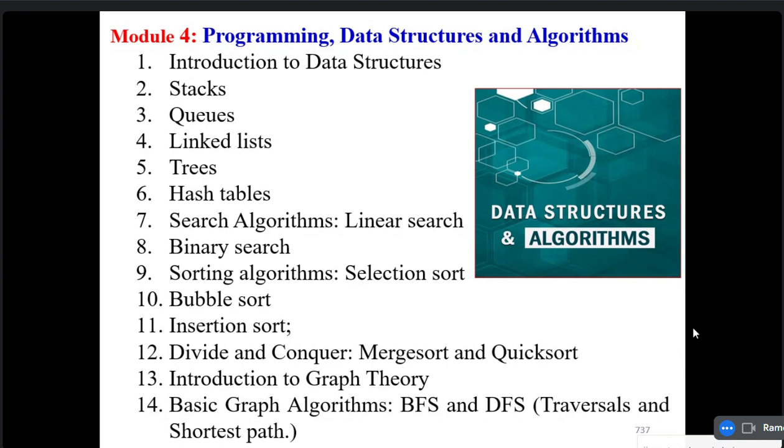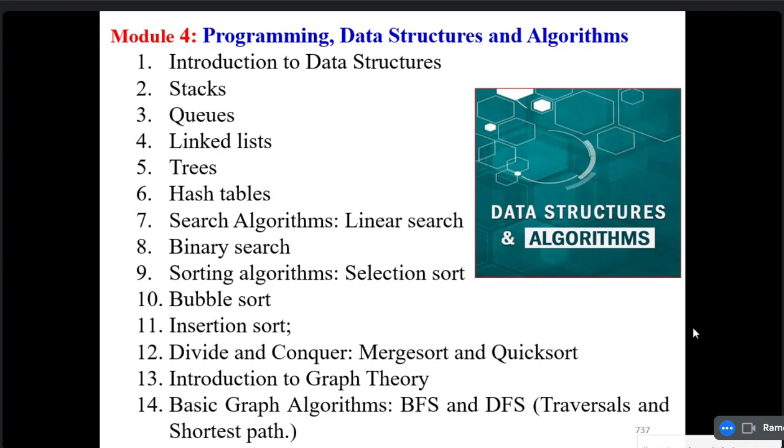Then we are moving to graph. A graph is a collection of nodes connected by links in a circuit format. There are two important graph traversals. In graphs, we have directed graph, undirected graph, weighted graph, like that.